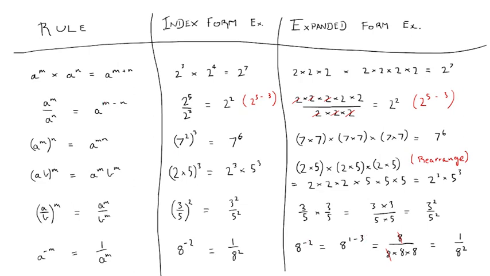Now, we're using this index law over here to remind you that 8 to the power of 1 minus 3 is the same as 8 to the power of 1, which is just 8, divided by 8 to the power of 3.